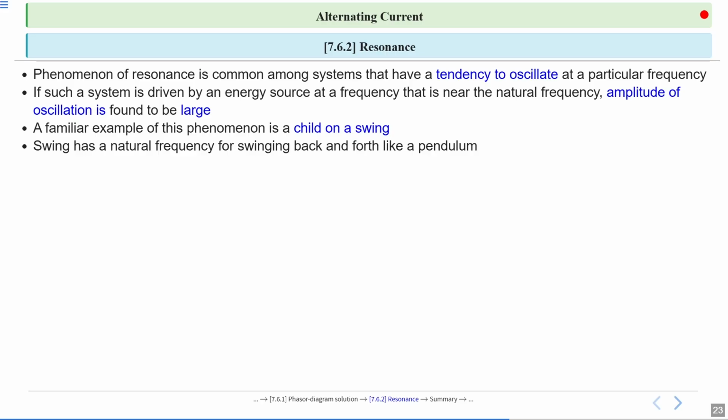But what is the child sitting on the swing doing? When it starts oscillating in one direction, the child starts pushing it in the same direction, just when it is at the extreme position and is just going to go towards the mean position.